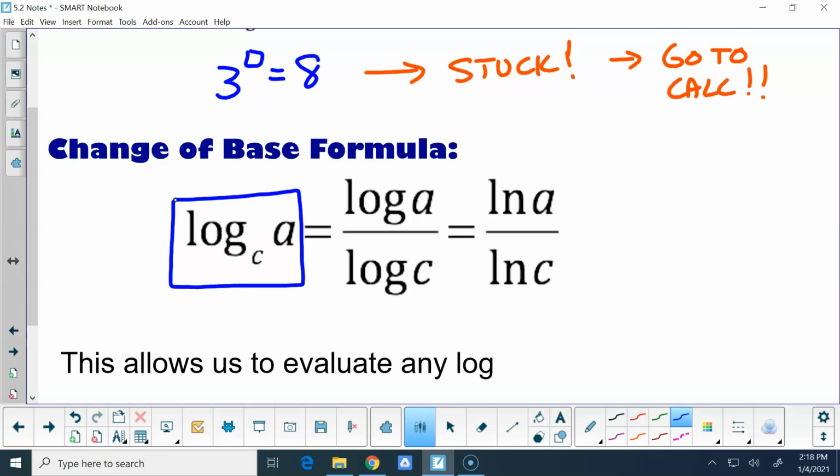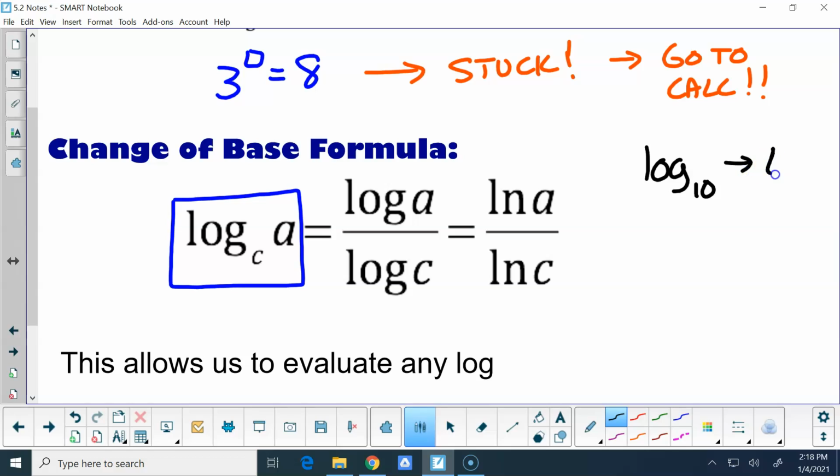Or we take the natural log of the argument and we divide it by the natural log of the base.